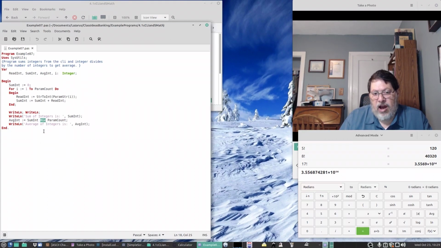The div in Pascal is divide integers, while in a floating point, you would just use the right-hand slash. It's going to give you a result of a whole number. You can find the remainder by using the mod operand, which gives you the remainder of a division.